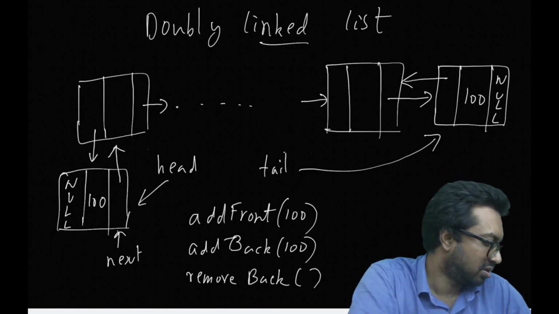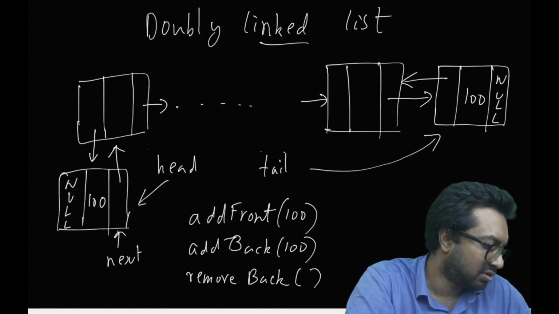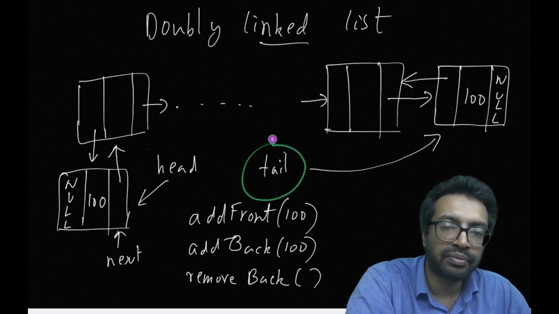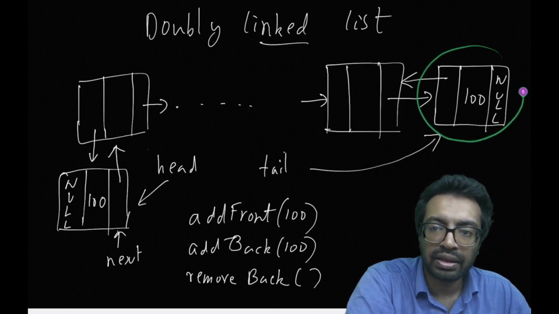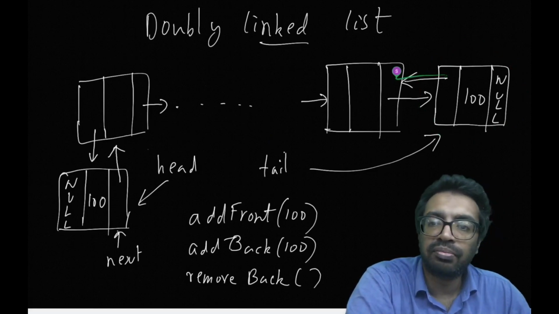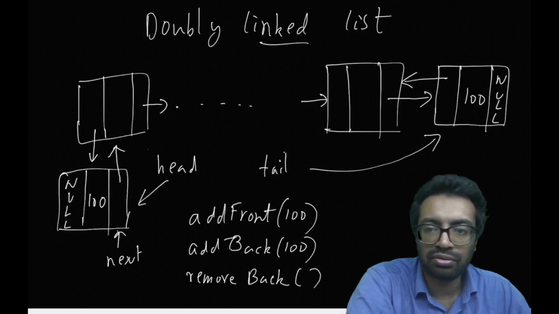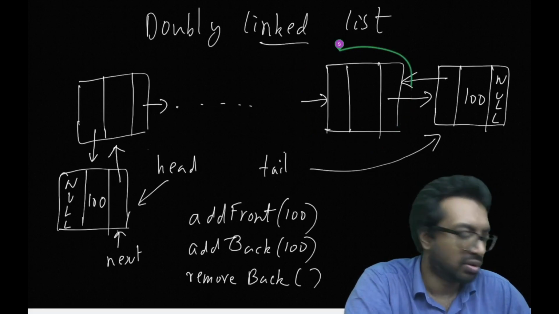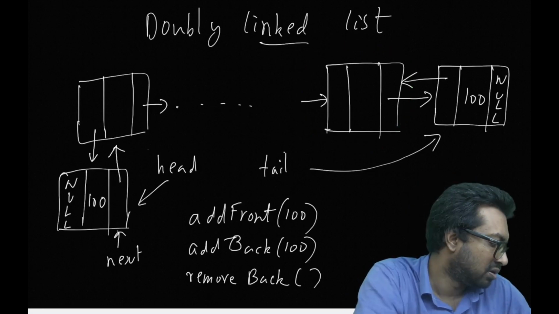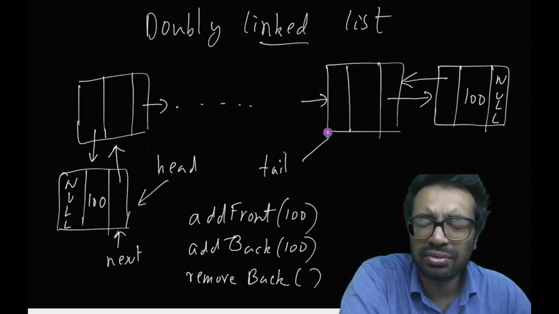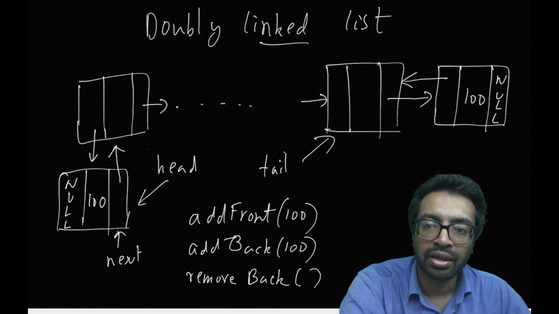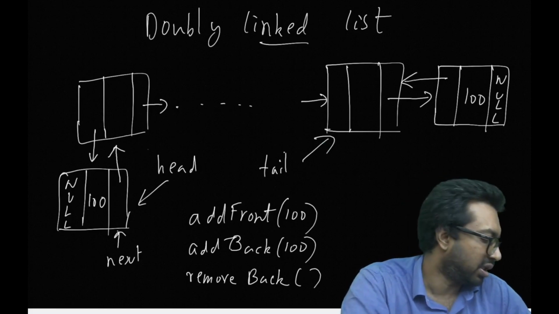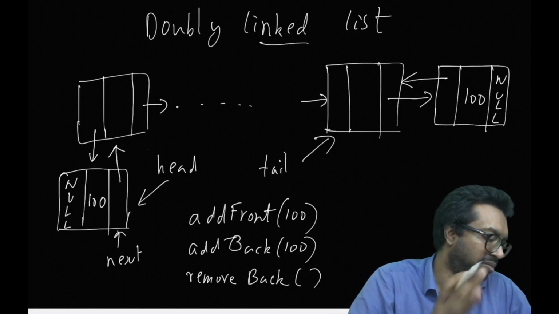Then I take this edge from the last node and reach the second last node. So I am now at the second last node. Good. Now I can replace the tail to point to the second last node. I got the address of the second last node, and I'm going to make tail point to that. This is enough, and then I have to do a few more things just to make everything perfect.